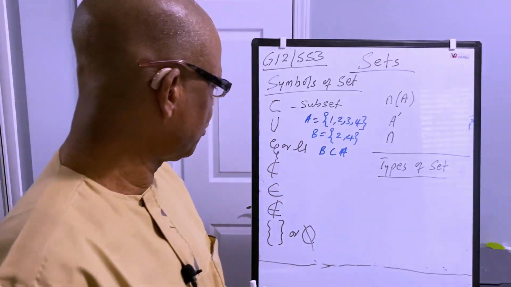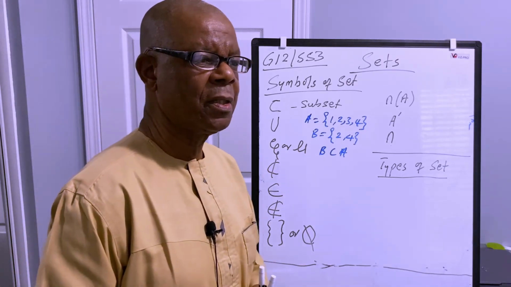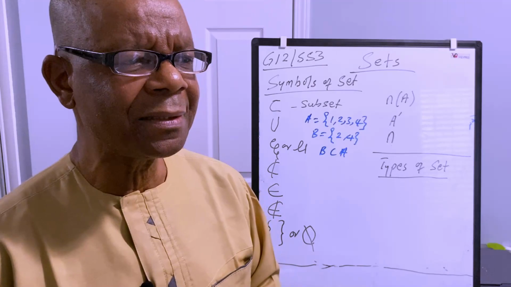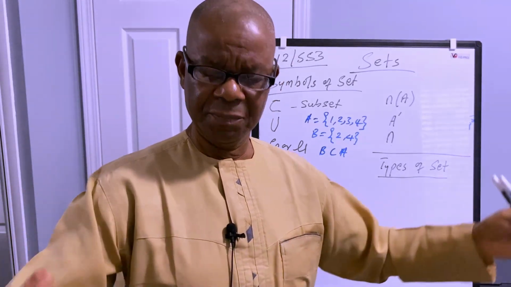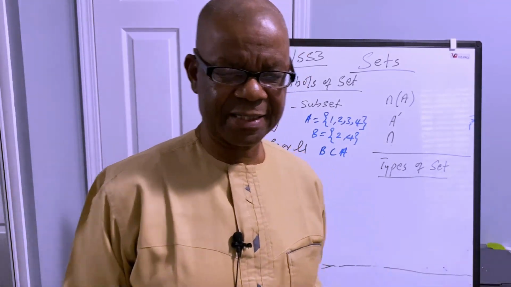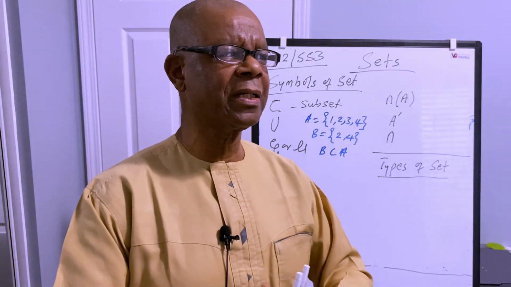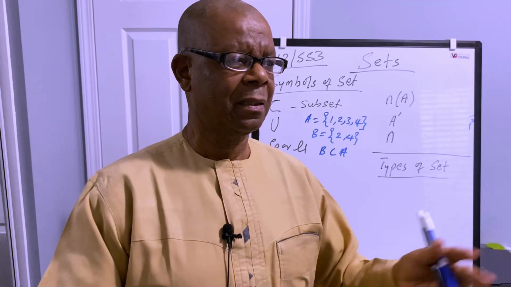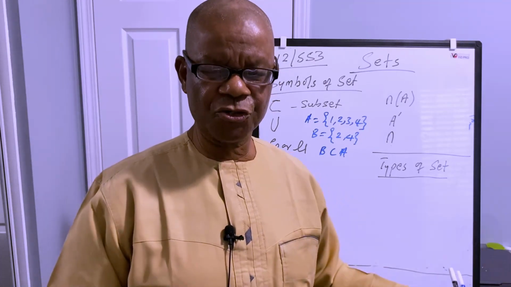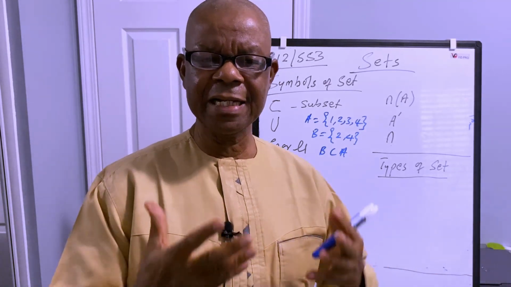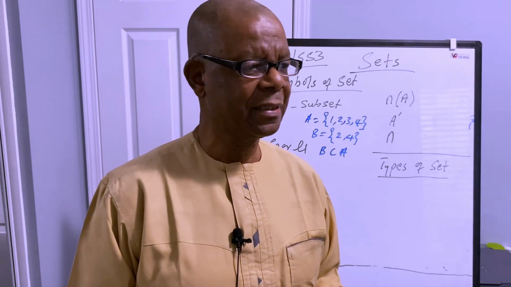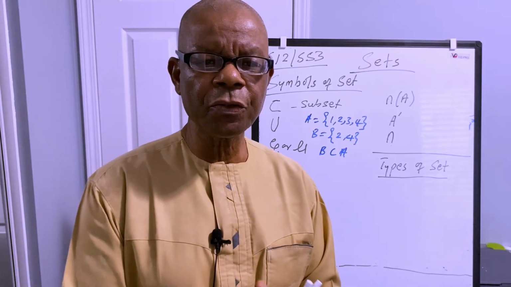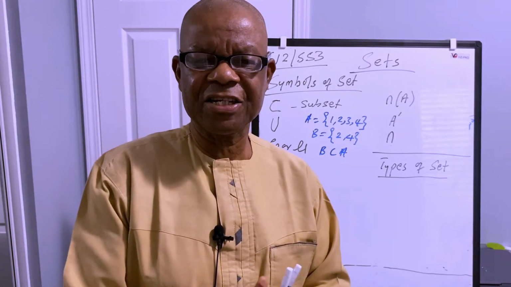Now, this is union. What is union? Union is a gathering together of different sets. It's a bigger umbrella that covers, like in a school, if SS3A is merged with SS3B, that becomes the union of SS3A and SS3B.